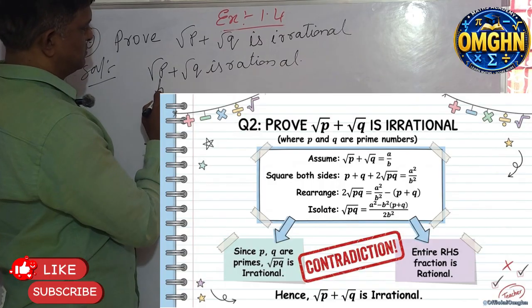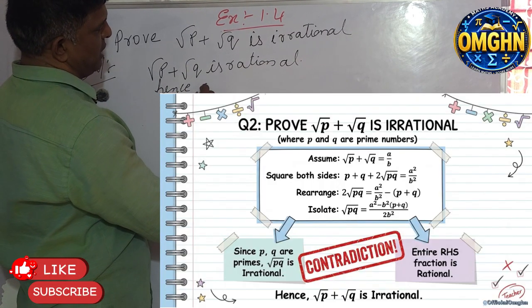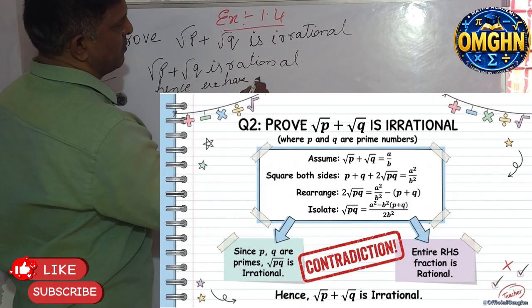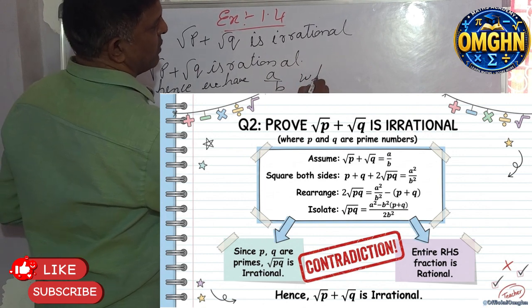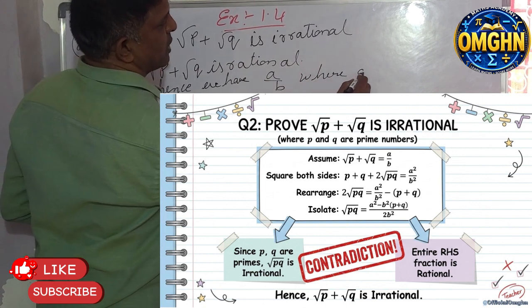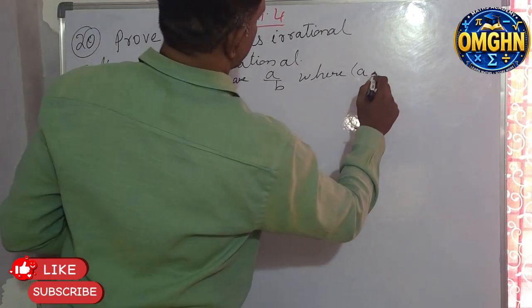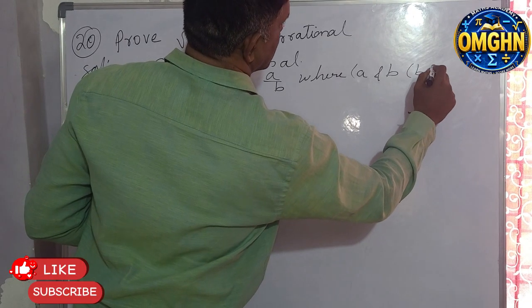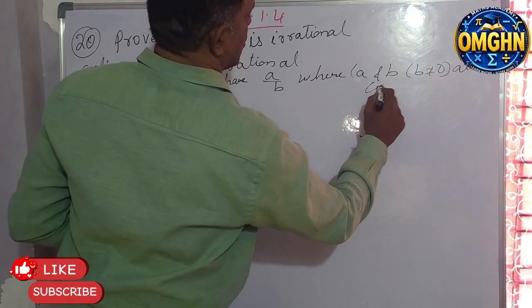Hence, we have to show a by b form where a and b not equal to 0 are co-primes.